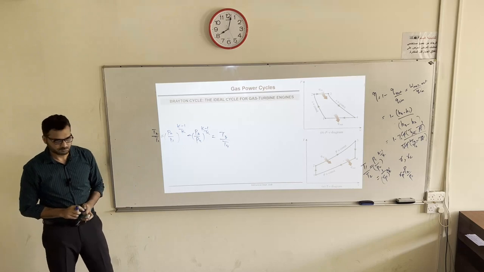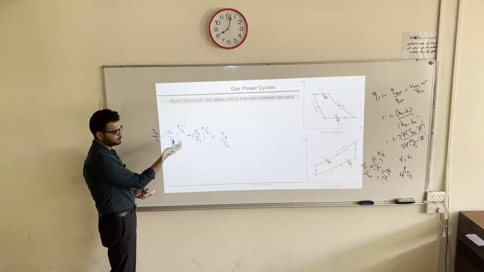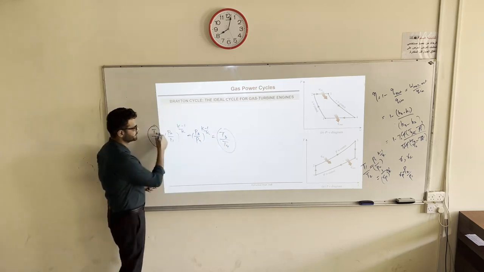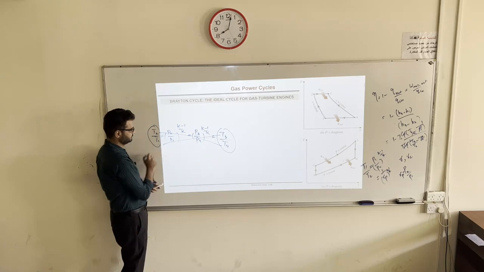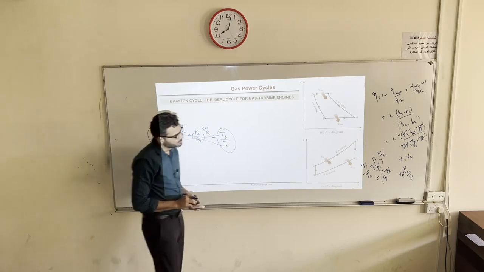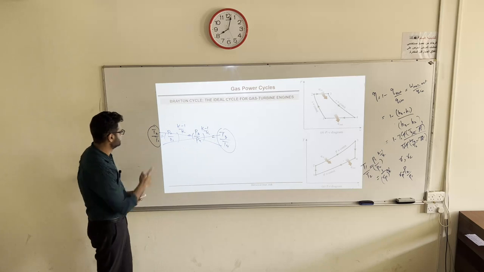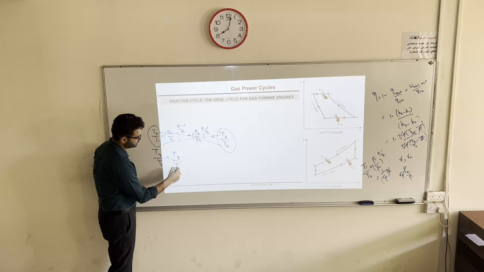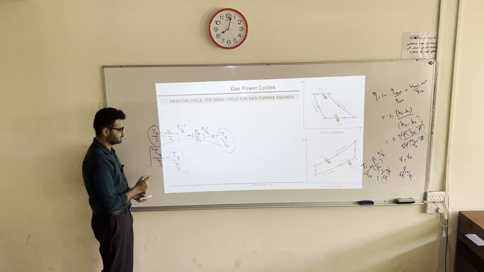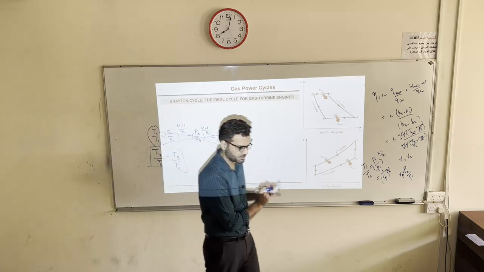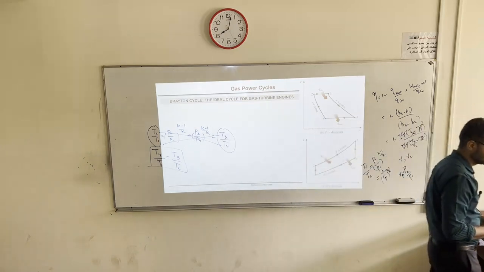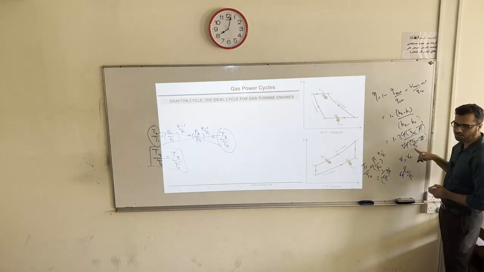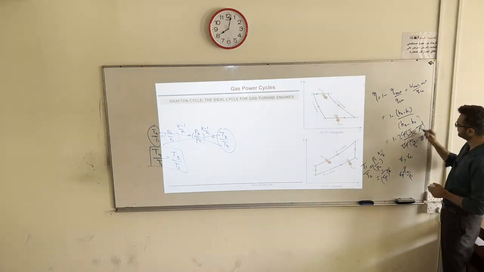So we have proved that this term is equal to this term. If you cross multiply, it shows T4 over T1 is equal to T3 over T2. That's what we want, a very similar expression to what we obtained in the Otto cycle. So these two are equal, we have proved it, so this term will cancel.